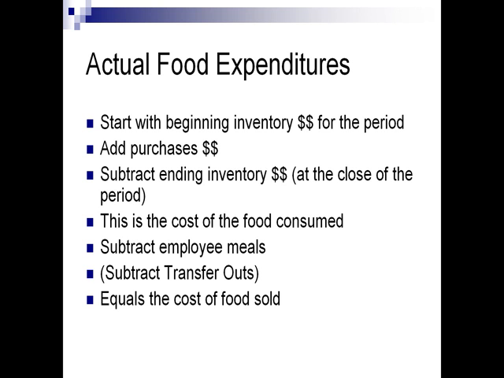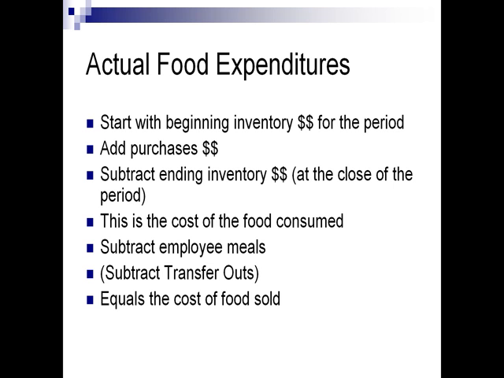So it's real easy. Just think about your refrigerator at home. If I did inventory on Monday morning and found out that in my home I have $150 worth of groceries. So throughout the week I bought $50 more. So I started with $150.